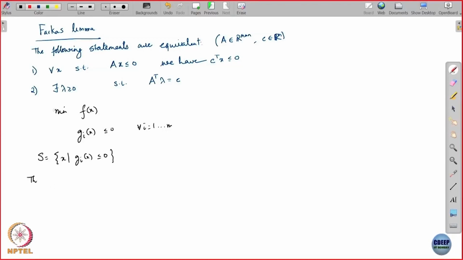Then if x star is a local minimum, then the gradient of f at x star transpose d is greater than or equal to 0 for all d in the tangent cone.